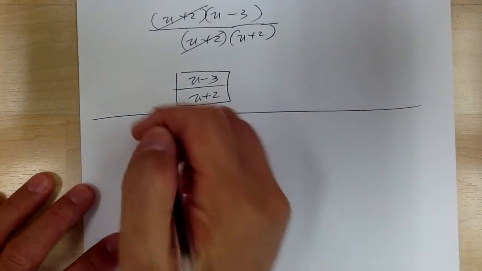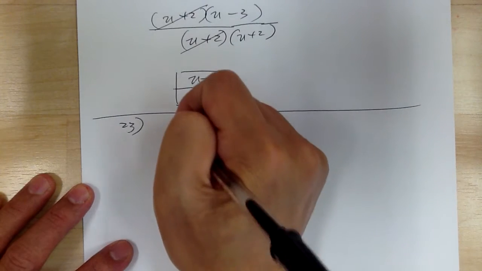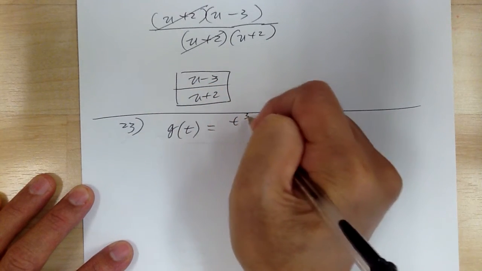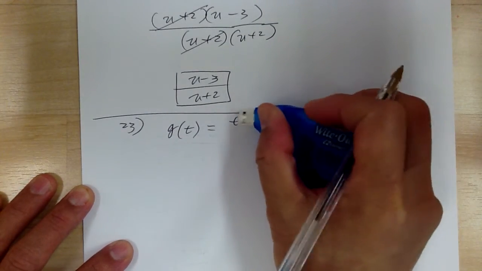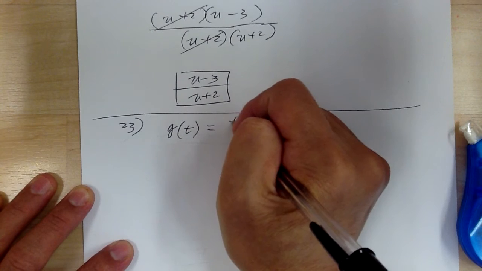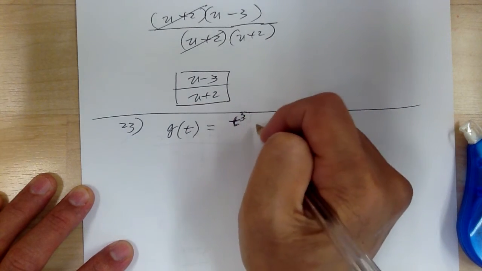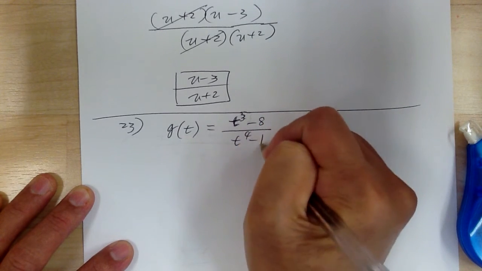Okay, let's go to number 23. So you have g of t equal to t cubed minus 8 over t to the 4 minus 1.